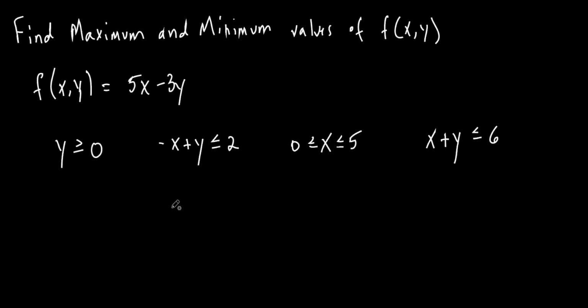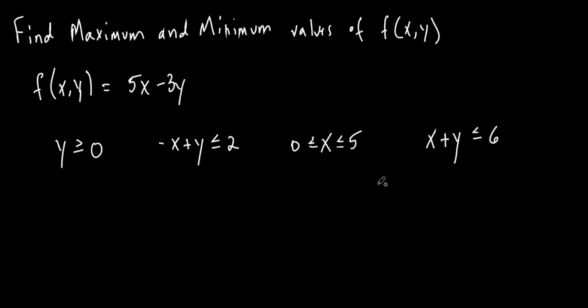So what we're going to do is graph this first, okay? Don't even worry about the maximum or minimum until the very end, all right? We're going to graph all 4 of these, find out where they all meet, the intersection of all of these graphs. Then we're going to look at the vertices, right? So they're priming you for that on that last problem.